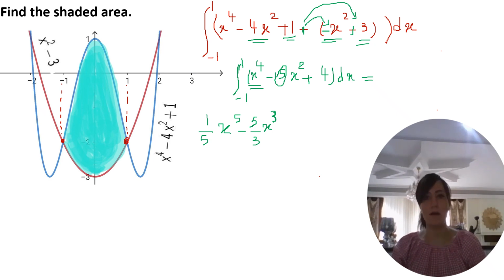Here 4 is a constant, so I should know it is multiplied by x to the power of 0, and x to the power of 0 gives me 1. So it was 4x to the power of 0.